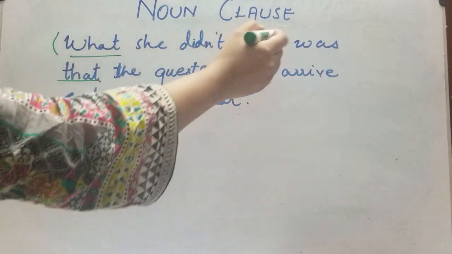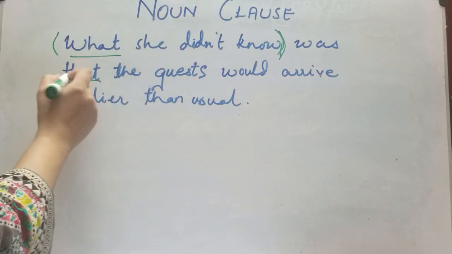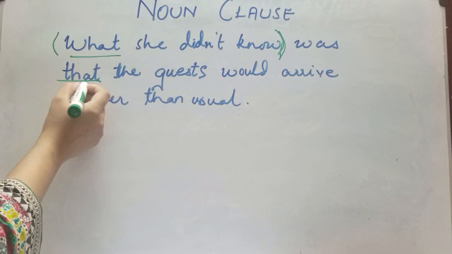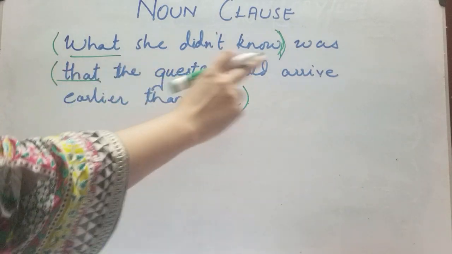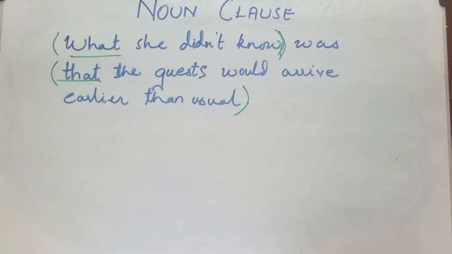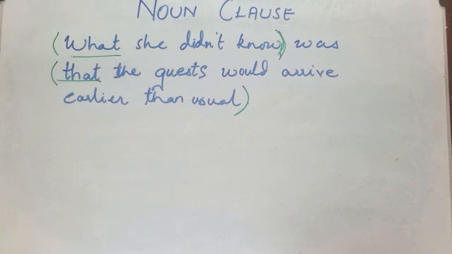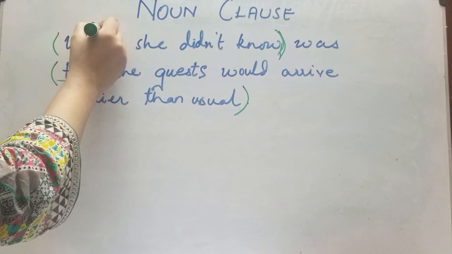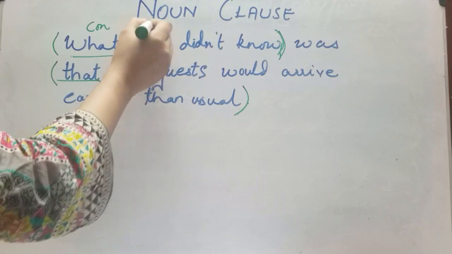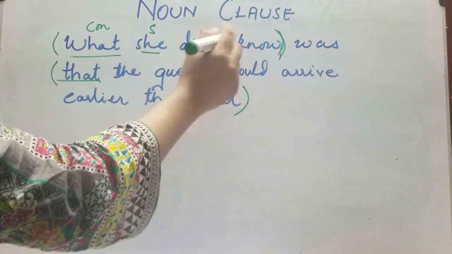What she didn't know. This is your first noun clause. Was, again you have got a noun clause since you have a subordinating conjunction over here. So that the guest would arrive earlier than usual. See, the first clause is the subject of the sentence, what she didn't know. Over here you have a conjunction, a subject, a helping verb and a main verb.